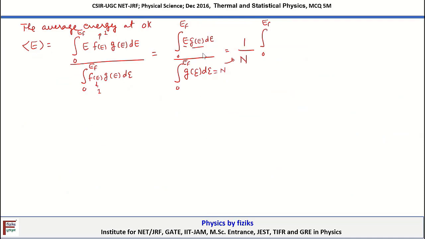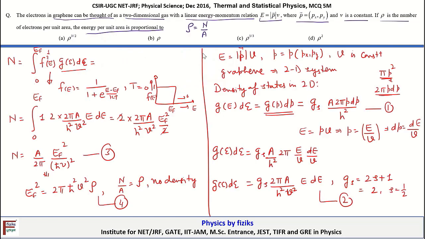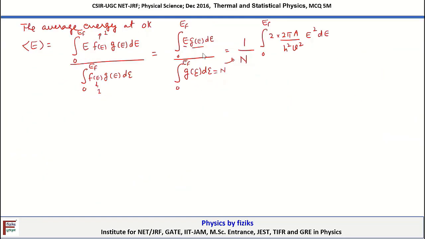That is 2 into 2 pi A upon h square b square and then E square dE. g(E) contains E, so when it is multiplied by E, that's why it's becoming E square here. So this is further equal to 1 by N. When we perform the integration, it will become E cube by 3.